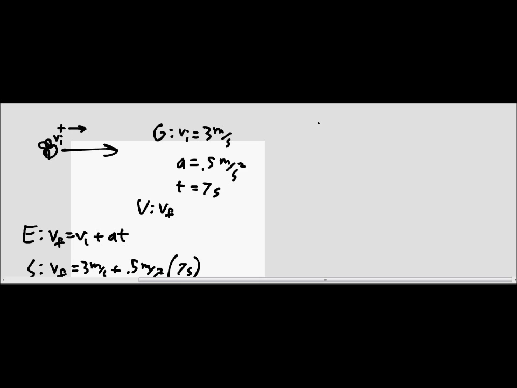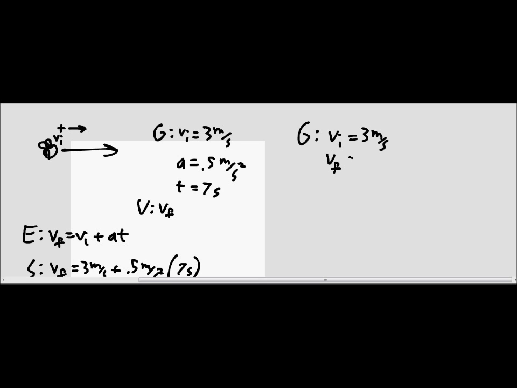Alright, and for the second part of the problem, it says if the bee accelerates at a rate of negative 0.6 meters per second squared, how long will it take for it to reach a complete stop? Alright, so for our givens, we know that his initial velocity is 3 meters per second.